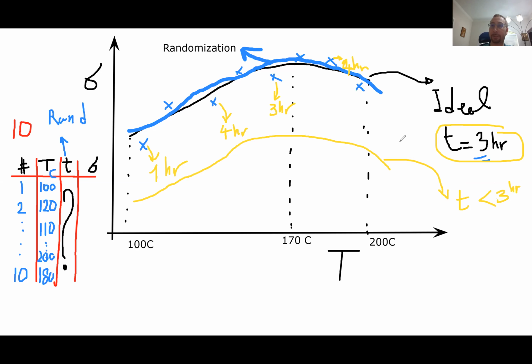What we call randomization is that the variable that we are not controlling, in this case time, is randomly distributed around the values that we are interested in. In that case, we can ignore the changes in that and still get the trend that we expect from the experiment by looking at the other variable, temperature, which has more impact on the output, which is strength in this case.